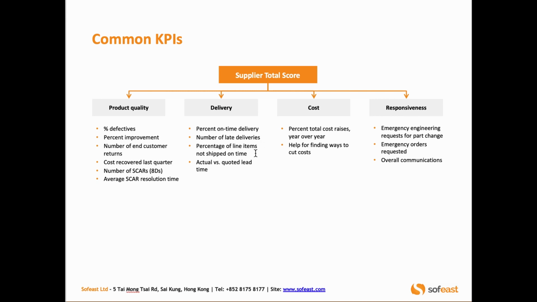Also, if they are supposed to deliver 10 components at the same time, and 9 components are on time but 1 component is late, it's a big problem for production, which has to wait for the last component. So this is important.